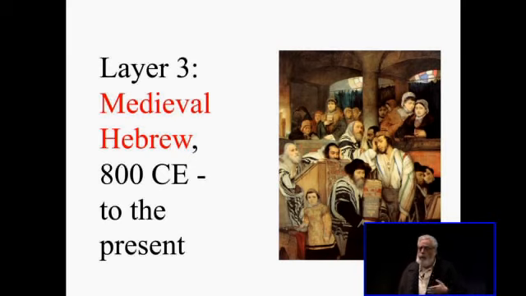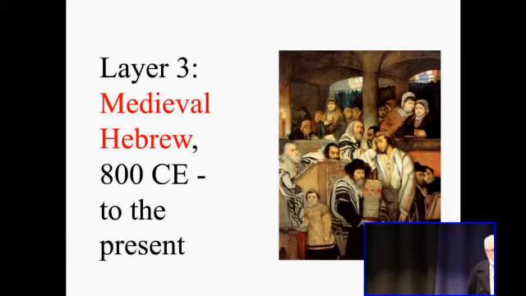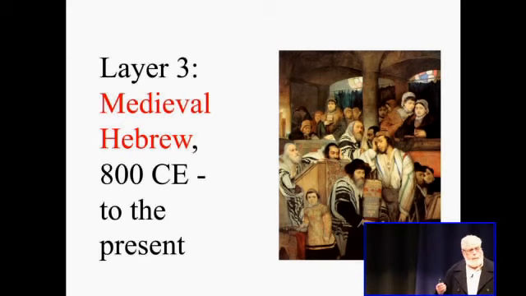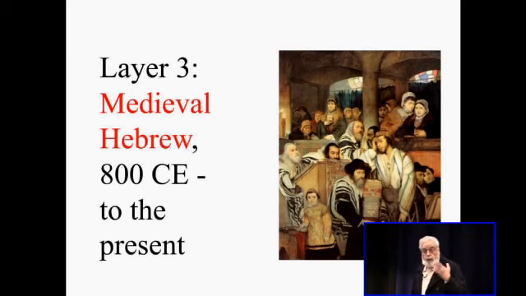And it continues with the responsa, if you know what it is, the responsa texts. The texts were written by rabbis, asked questions by the public, what to do in every aspect of life, and they answered questions.